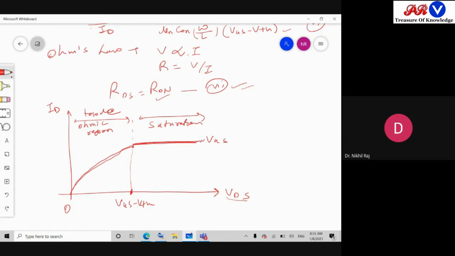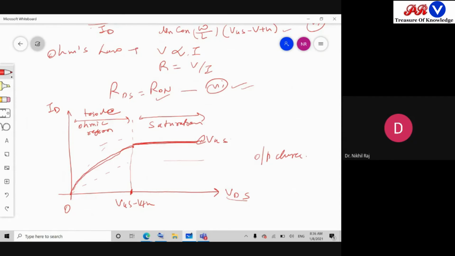Then by changing the magnitude of VGS, this curve can be moved down or up. So this is your output characteristic of the MOSFET, where below VGS minus VTH is your triode region, and above that is your saturation region.